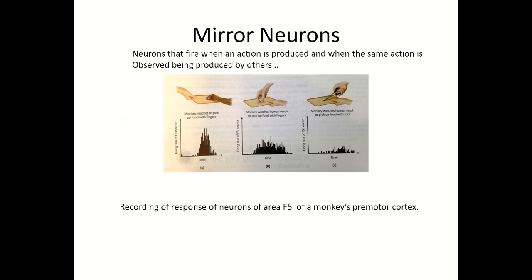Now when the monkey is given the peanut and he breaks the peanut, same neuron increases the firing. So same neuron is processing those two. Not only that, even when the monkey is not doing or seeing someone breaking the peanut, if the monkey listens to that sound, the same neuron responds. So that is the property or characteristic of a mirror neuron.